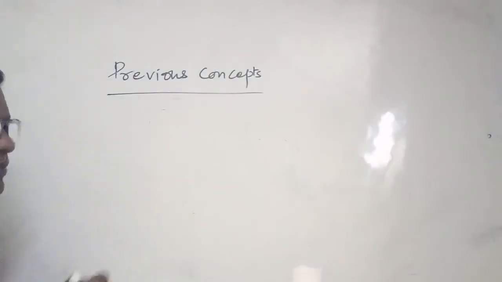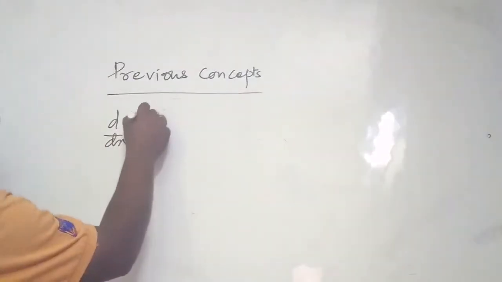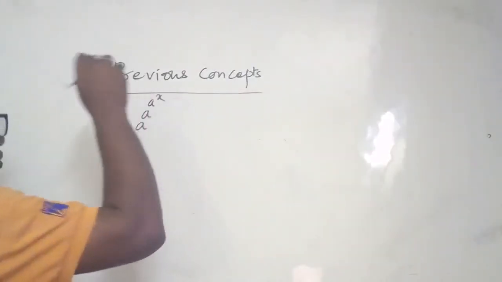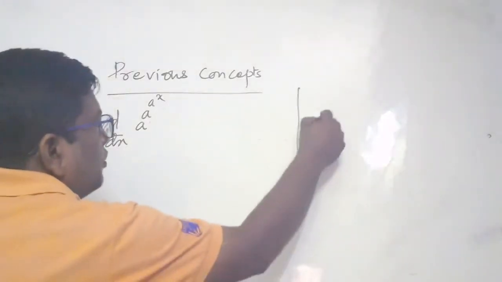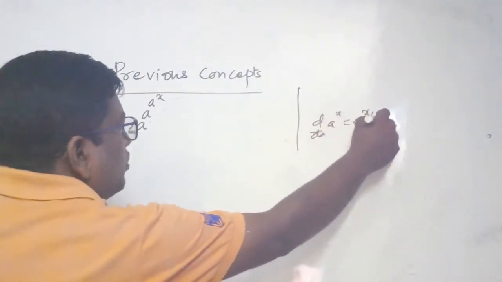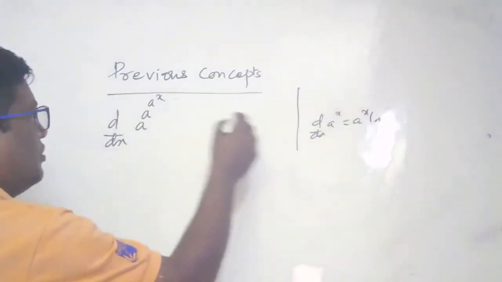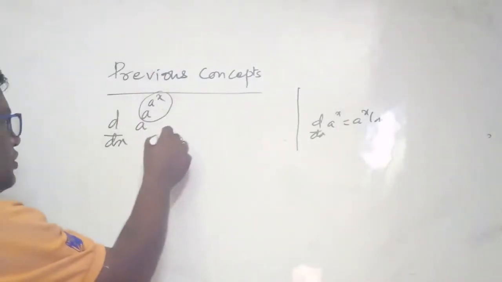What is the previous concept? This is the derivative of d by dx of a to the power a to the power a to the x, suppose. So consider, we know d by dx of a to the x means a to the x into log a. So consider this as x. So this is equal to what?